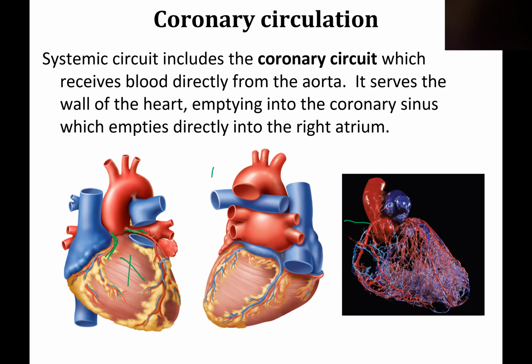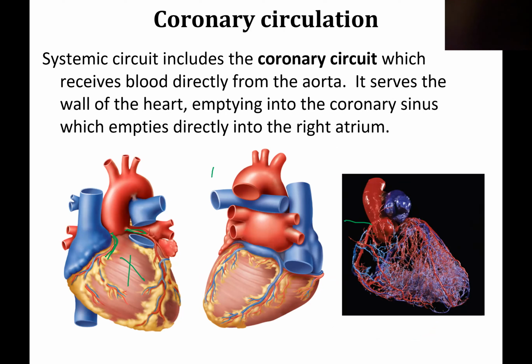Coronary arteries are going to branch, and then they all empty into cardiac veins, which are going to converge and empty into this coronary sinus. It's a sinus because it's a wide oval tube rather than a round tube.